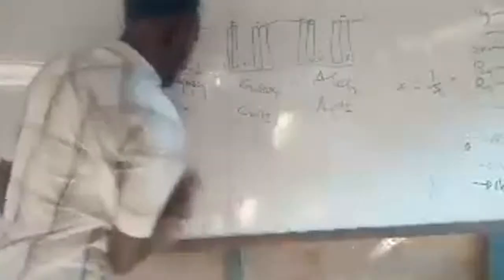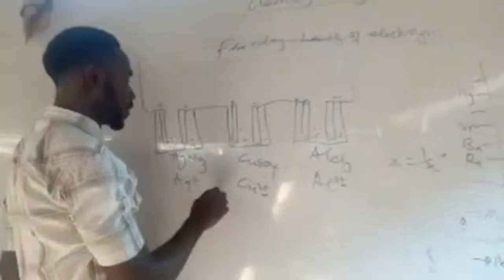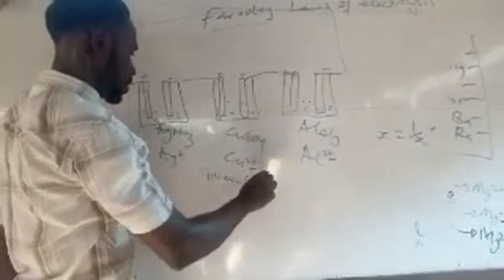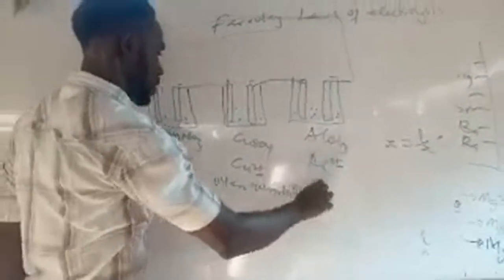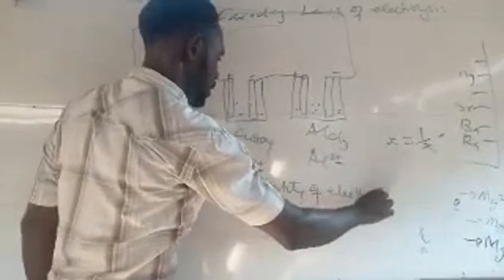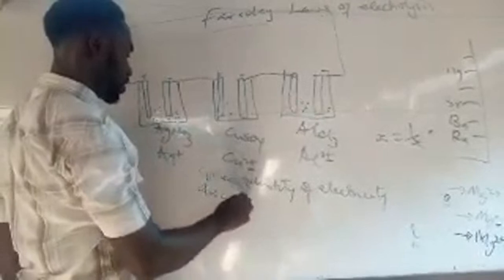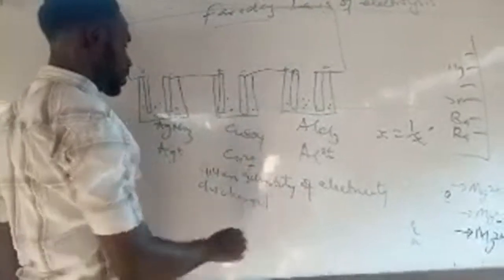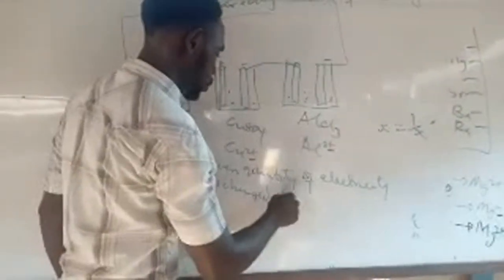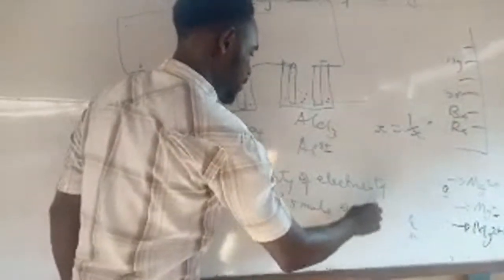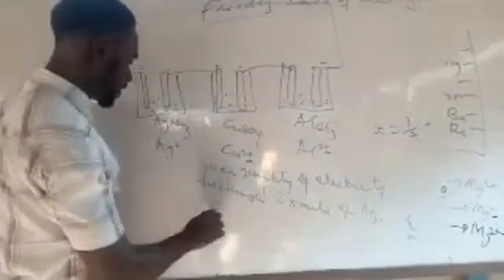Let me just solve a question there. If they tell you that during electrolysis, a given quantity of electricity discharged 2.5 moles of silver.